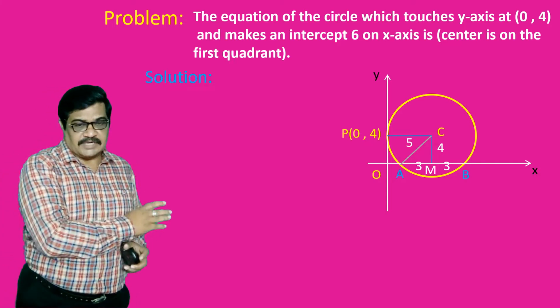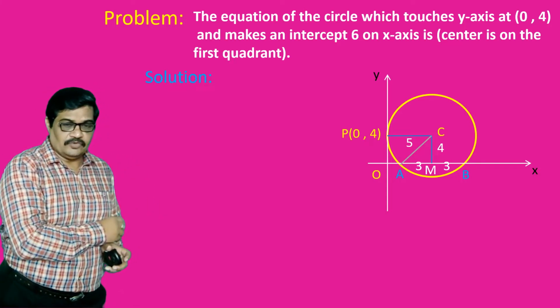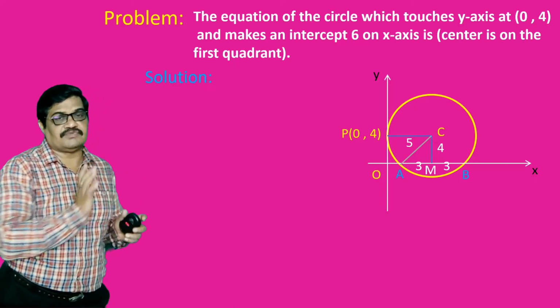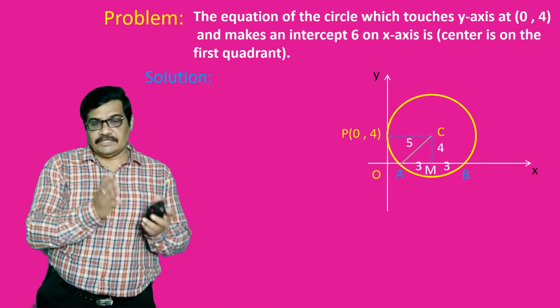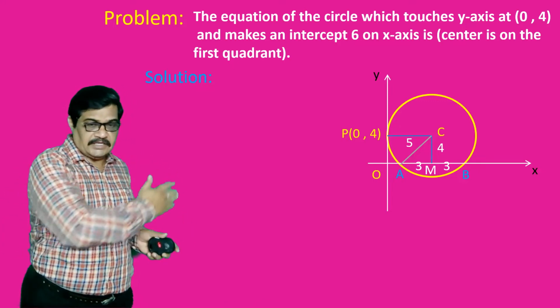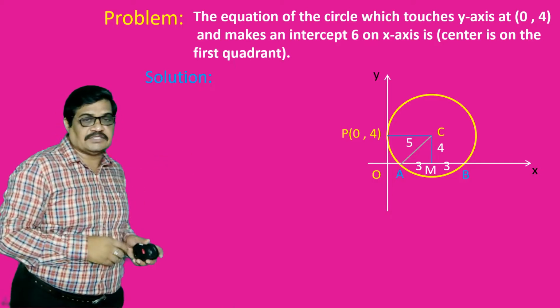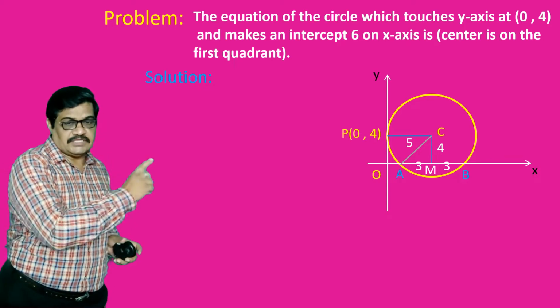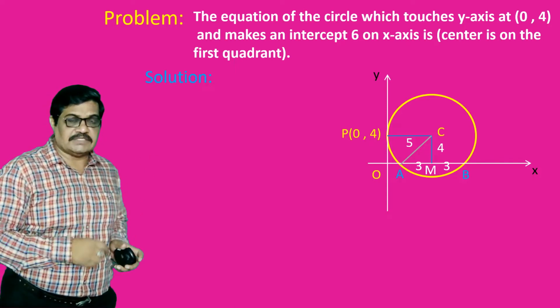Okay. From this triangle ACM we know that the AM distance is 3 and the CM distance is 4. So this is a right angle triangle. Then AC is the hypotenuse. Using the right angle property, AC square is equal to AM square plus CM square.